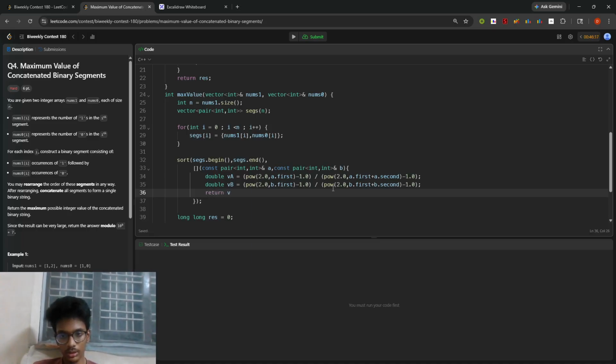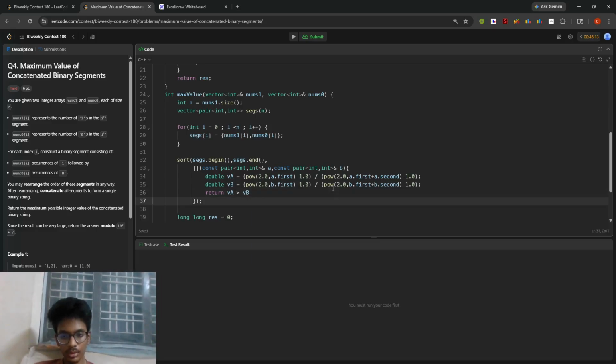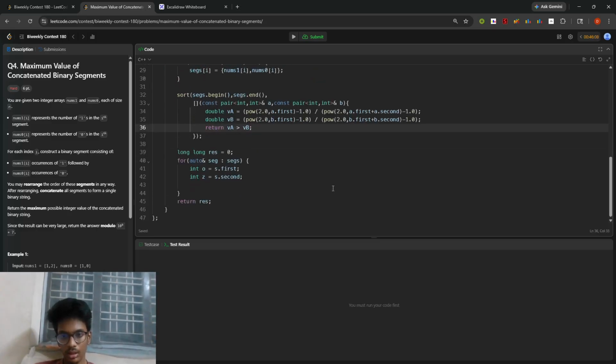Now I just need to make sure VA is greater than VB. This is how I am comparing while sorting this. Coming to this thing, we need to figure out some logic, right?